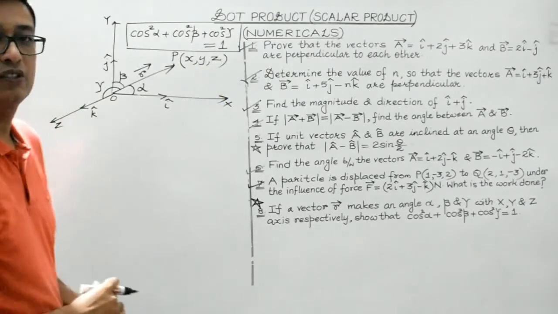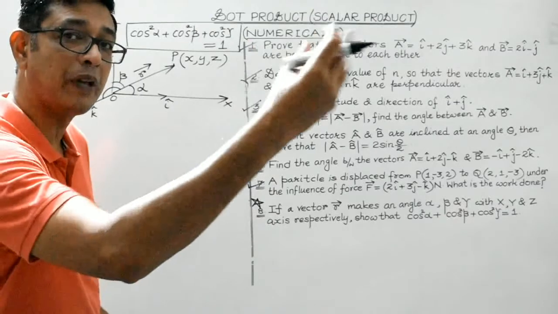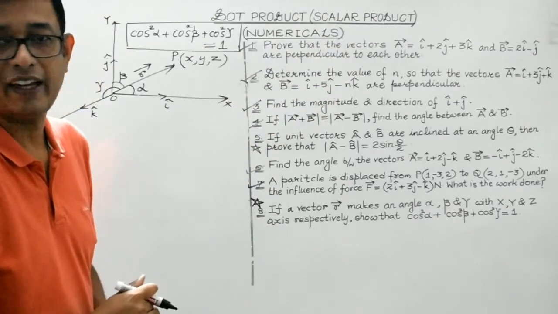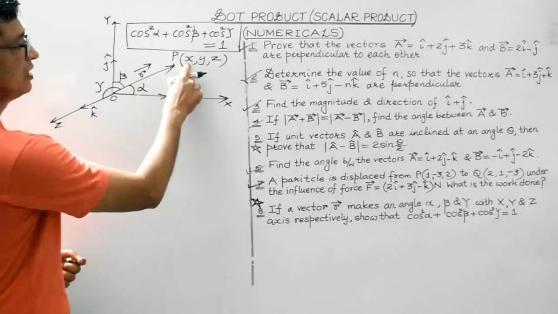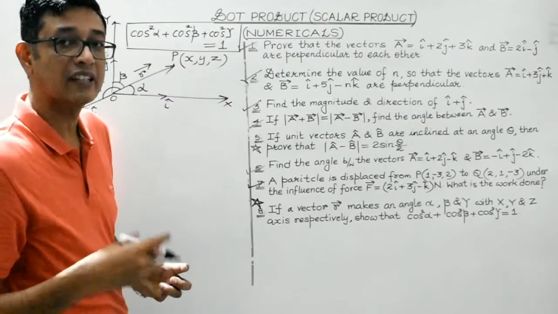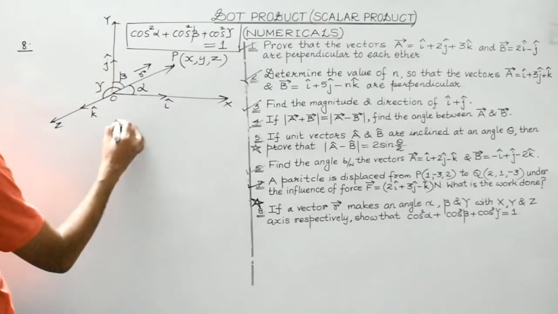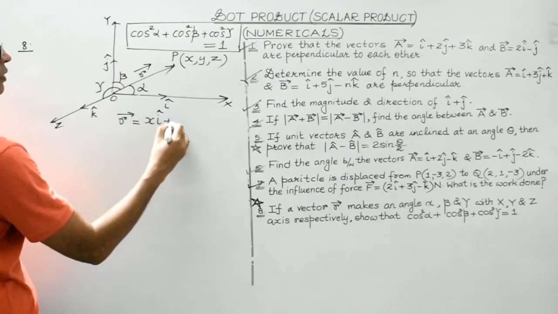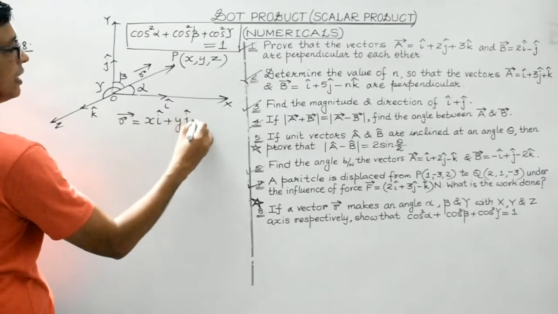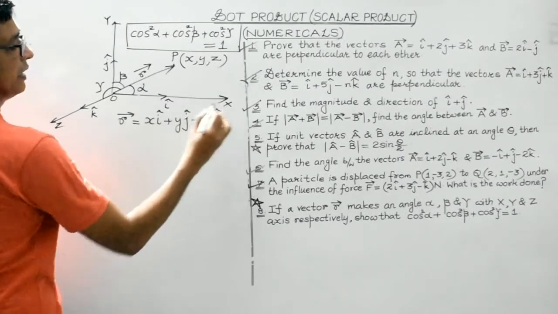It's a 3D case, so point P is assumed to be in space having coordinates x, y and z. So students, the r vector can be written in terms of its rectangular components as x i cap plus y j cap plus z k cap.